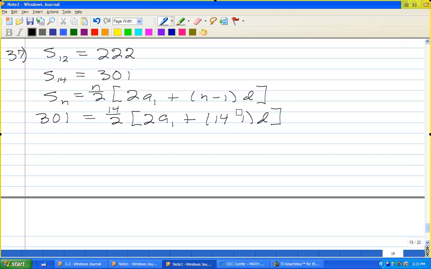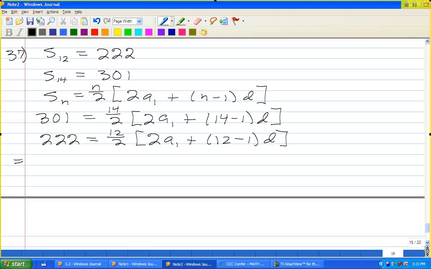So I have two unknowns. But that's fine because I have another equation. I know that the sum of the first 12 terms is 222. So I'm adding up 12 terms. I don't know what the first term is. I do know that I'm adding up 12 terms. And I don't know the common difference.